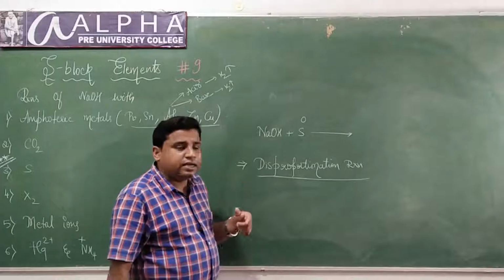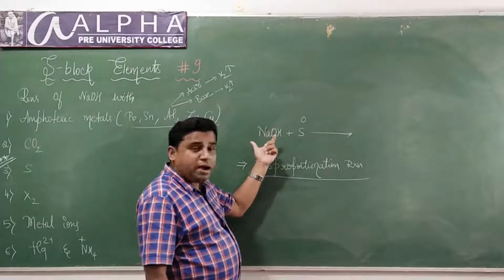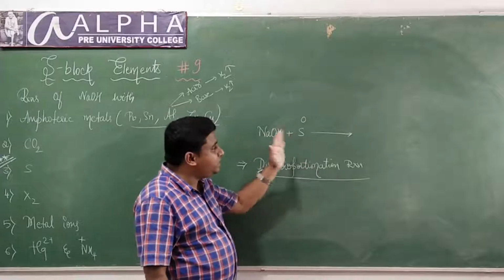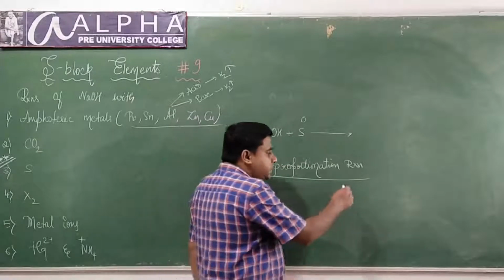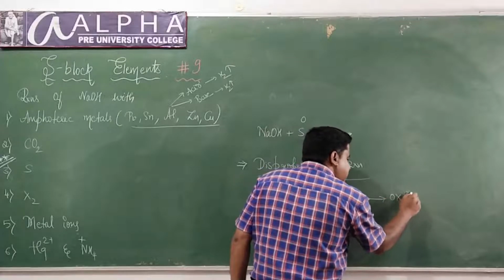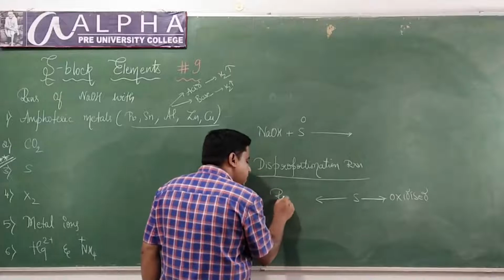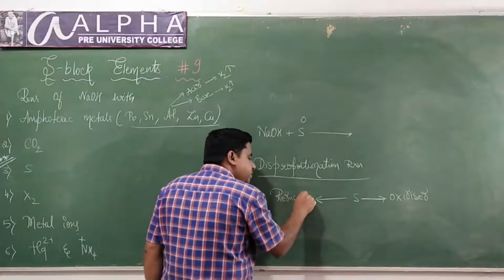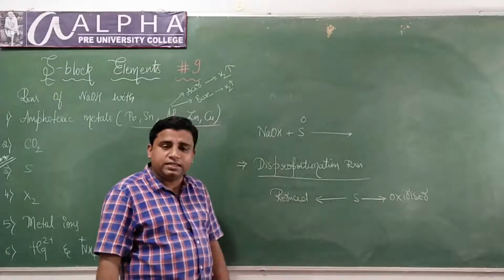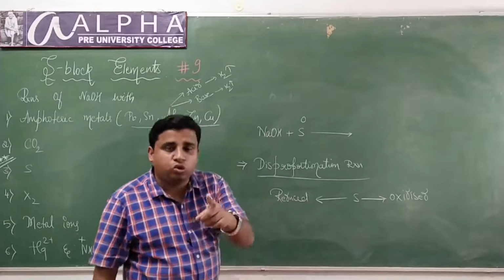So whenever sodium hydroxide reacts with sulfur, in this reaction sulfur is both oxidized as well as reduced. In the same reaction, the same element is both oxidized and reduced. Such a reaction is called a disproportionation reaction. Hope you noted this point.